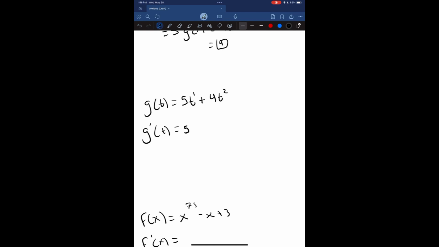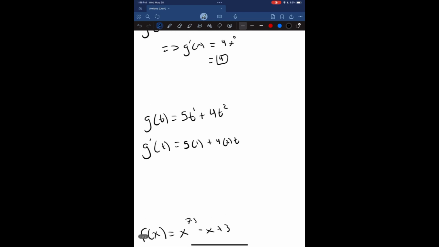Then we're going to get t to the 1 minus 1, which is t to the 0, which is just 1. Now we're going to keep our 4 for 4t squared. We're going to multiply by our n value of 2, keep our t, and then subtract 1 from the 2, which is just 1. This implies that the derivative of g of t is equal to 5 plus 8t.